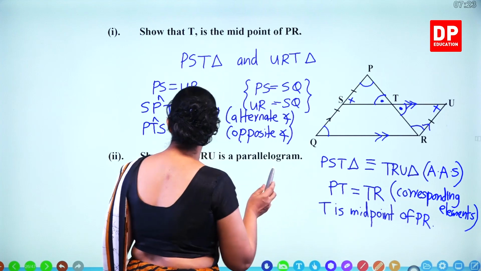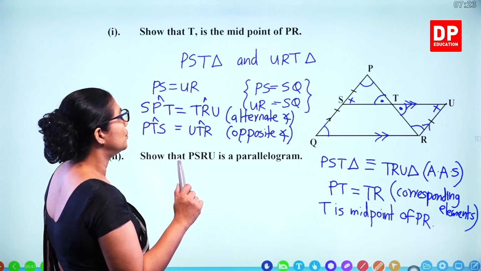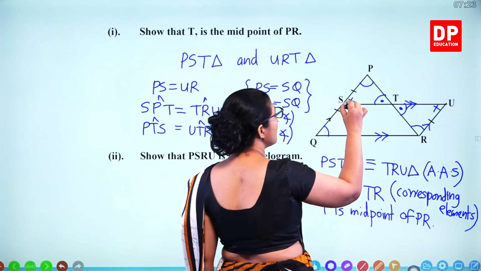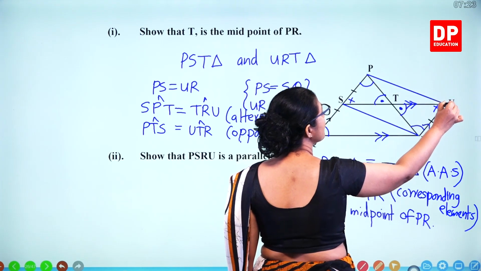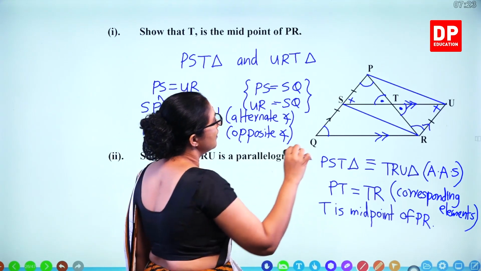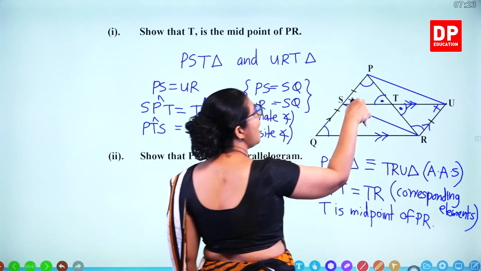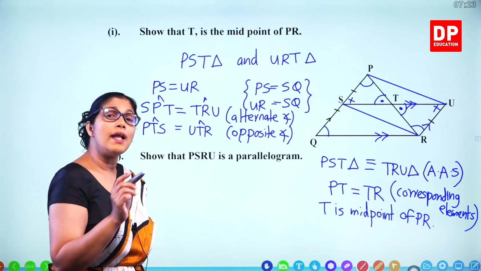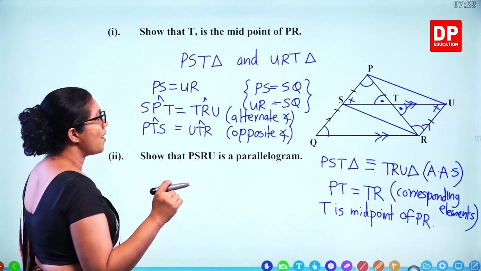Let's do the next one. Show that PSRU is a parallelogram. So we'll connect that. Easily you can say this one is equal to this one and parallel. A pair of opposite sides equal and parallel, we can say that's a parallelogram. So let's write.